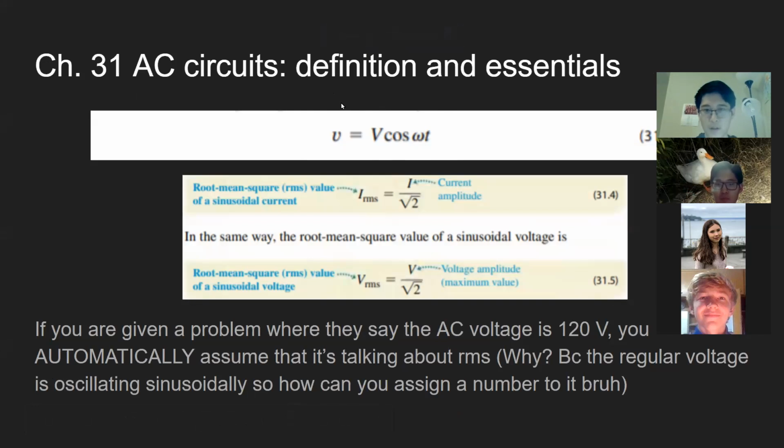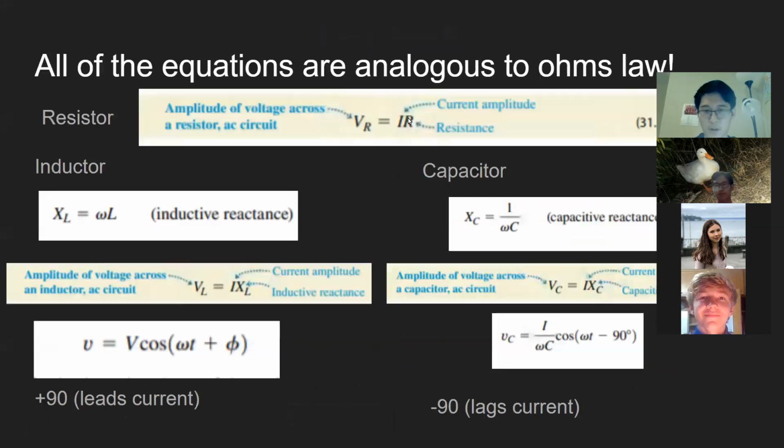This is also the exact same equation as the current. You basically replace all instances of V with I, and that's the current equation as well. There's also a plus phi, and phi is supposed to be plus 90. What this means is that the voltage of an inductor leads the current by 90 degrees.